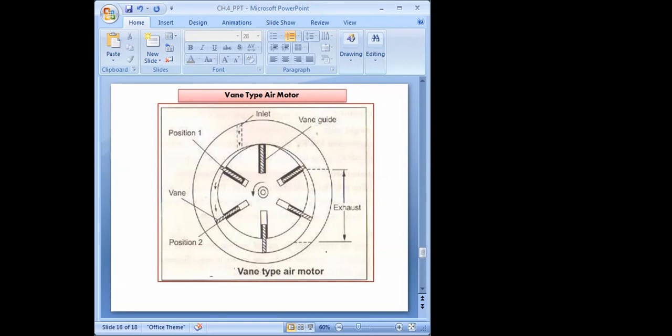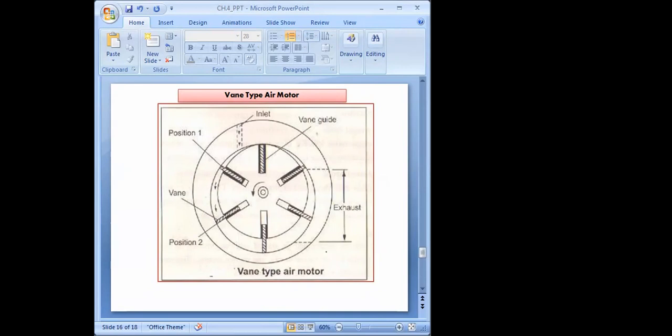Once again I am repeating, please remember, these air motors are the rotary pneumatic actuators. You can call an air motor a rotary actuator in the pneumatic system.